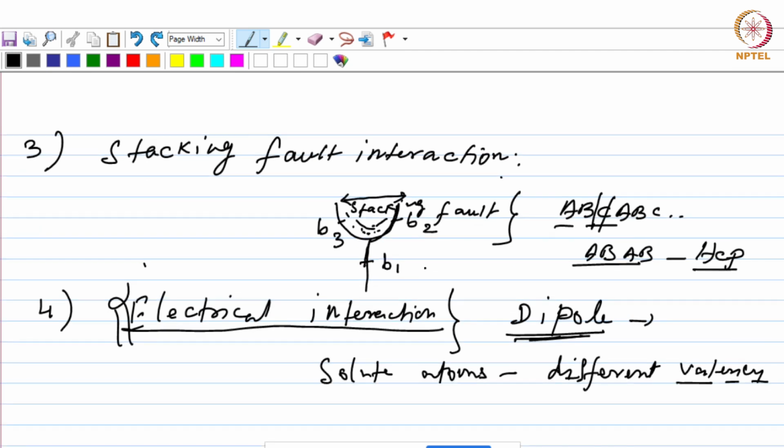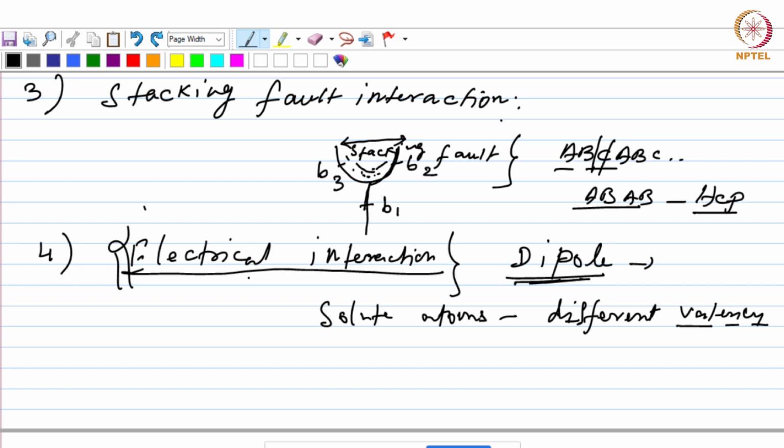Okay, and then we talked about this electrical interaction, which arises due to the valency difference. So the elastic interaction was due to the difference in the atomic size, and the electrical interaction is due to the difference in the valency between the solute atoms and the parent atoms.